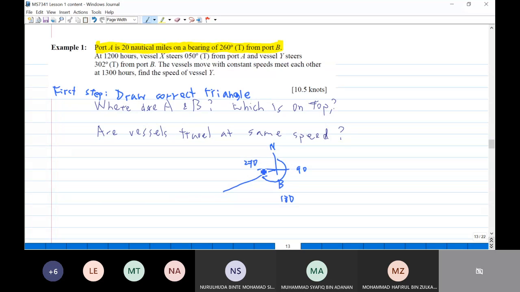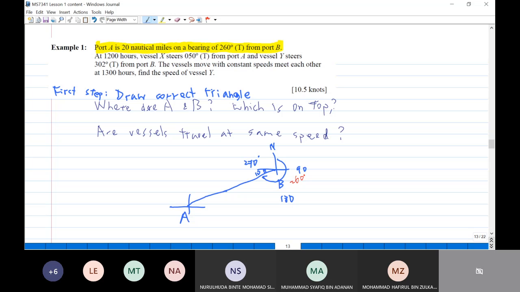So 260 is one short of 270 by 10 degrees, right? So this is 260, true bearing. From there you can find A. So A is somewhere here, so I can draw this one. Somewhere here, this is A.